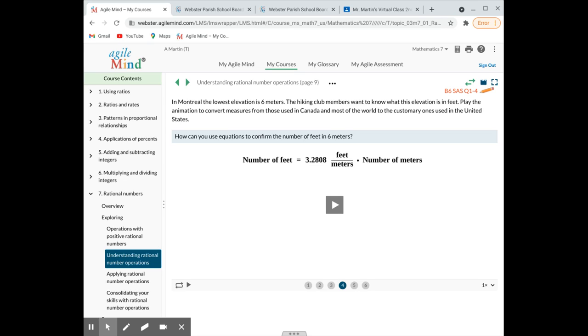Can somebody else write an equation that's easier than this? Mine would just be number of feet equals 3.2808 times x, and x would stand for what? The number of meters. Good job. The number of meters. That's how I would do it. That'd be a lot easier.